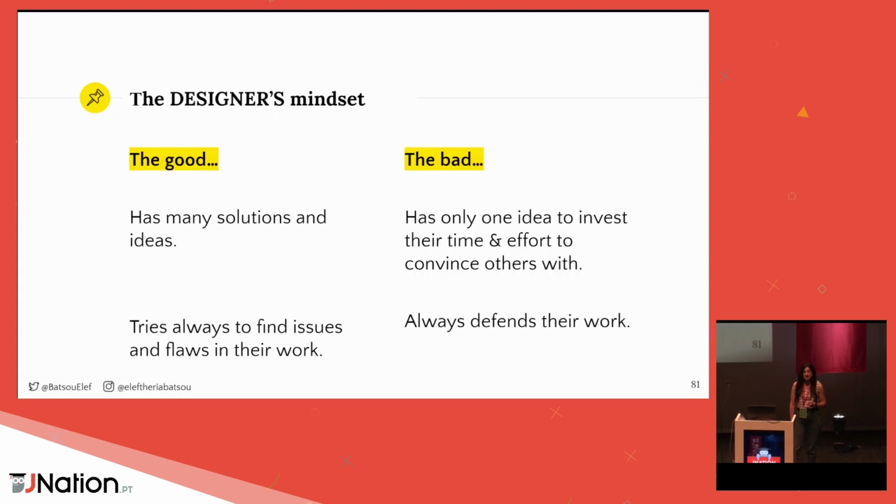The good one has many solutions and ideas, tries always to find issues and flaws in their work, whereas the bad one has only one idea, invests their time and efforts to convince everyone that he's right, and always defends their work.